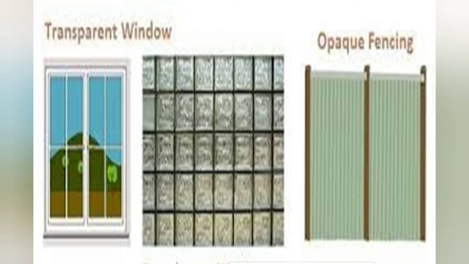Okay, when I talk about examples of transparent, translucent, and opaque, transparent means a glass window. Translucent means a window which is covered with some particles or some water so that we can see through it only blurrily.